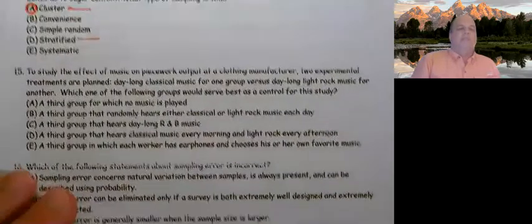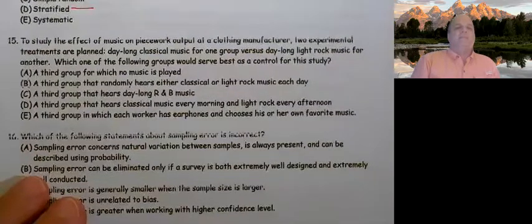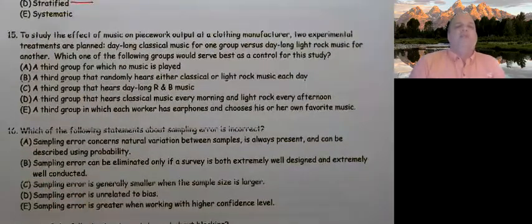That's letter A. Number 15, to study the effects of music on piecework output at a clothing manufacturer, 2 experimental treatments are planned. Day-long classical music for one group versus day-long light rock for another. Which of the following groups would serve best as a control for the study?